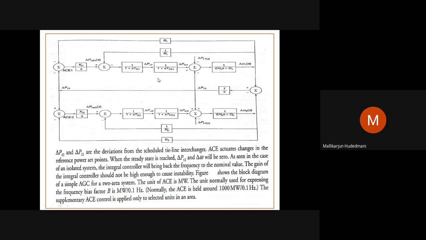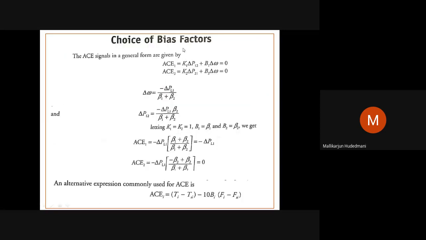That was the concept. Then, in line with this, we began to see how the bias factor comes into the picture. So ACE becomes a basic control parameter for the interconnected operation of corporations for exchange of power, using complete ALFC having primary and secondary loops functioning.